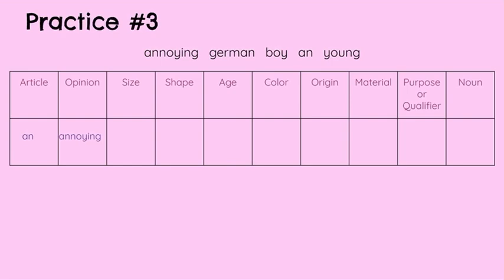Size is basically the width or length of something. So we'd put young in age instead. Color, no, none of them have a color. Origin, yes. He's German, so we can put that in origin because it represents a place. Material, no. Purpose or qualifier? No. So that leaves us with boy, which is our last one.